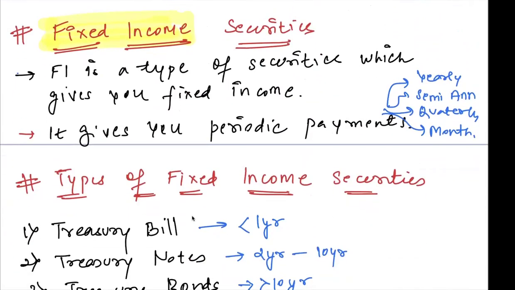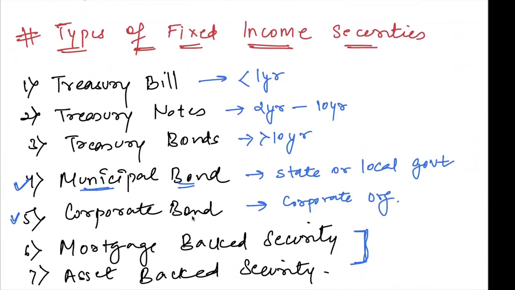Okay, we understand that fixed income is a type of security which gives you fixed income. What we are discussing right now is the different types of fixed income security, which are treasury bills, notes, bonds, municipal bonds, and corporate bonds. So if the government wants money from the public, they can issue fixed income securities and get the loan.